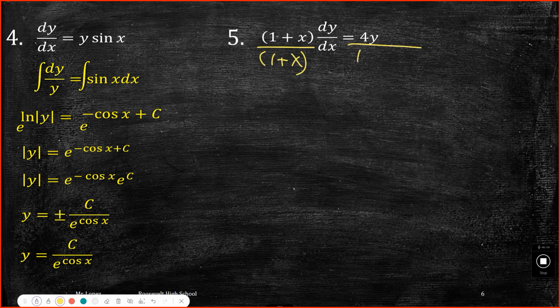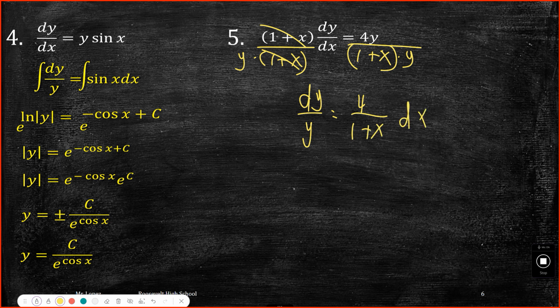Let's do it faster. So this cancels out, and I have to divide by y here. So I'm going to have dy over y equals, and it cancels out, 4 over 1 plus x dx. Is that okay? Everybody? Yes?